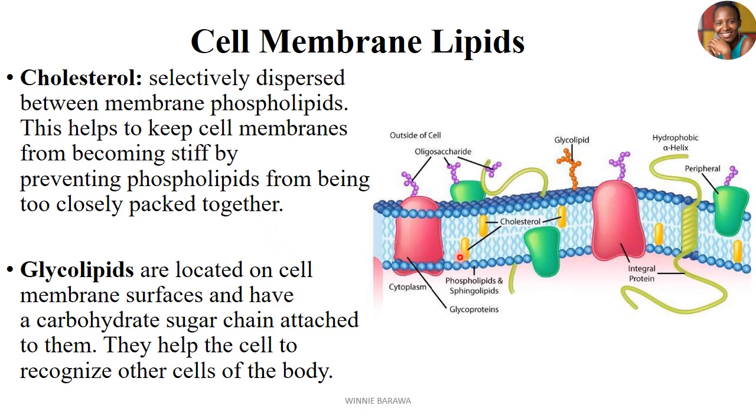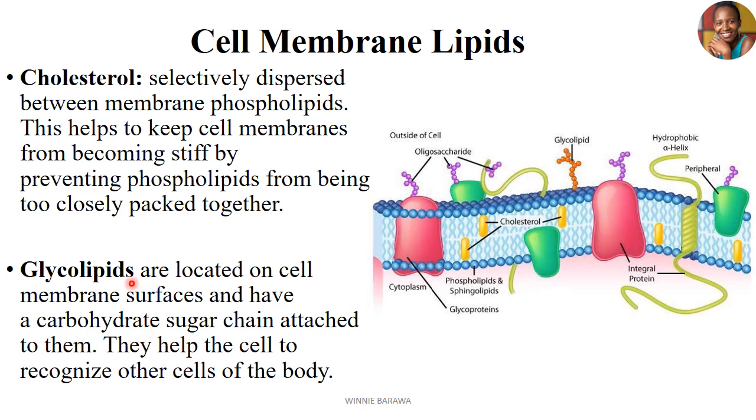If you see, the cholesterols are dispersed across the bilayer, and the main agenda is to give the cell membrane that jelly-like characteristic where it does not pack itself together or become stiff.